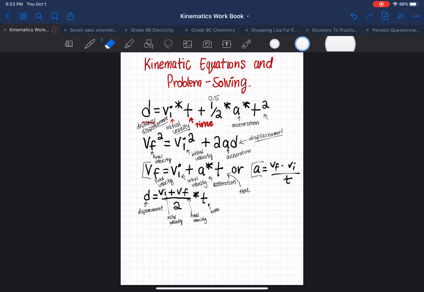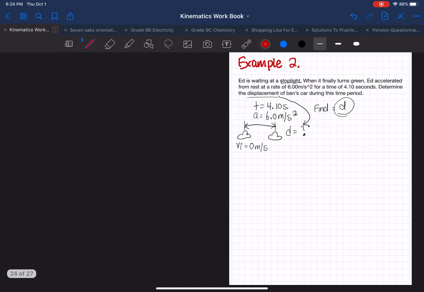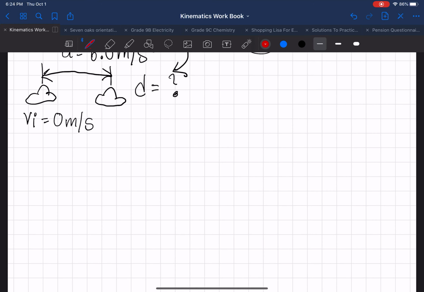So which formula can we use? We have time and initial velocity, but we don't have final velocity, so that cancels out all three bottom ones, because we don't have final velocity to use in the equation to solve for distance. So that means we have to use, ding, ding, ding, the top one. So we're going to slide it over now and use the top equation.